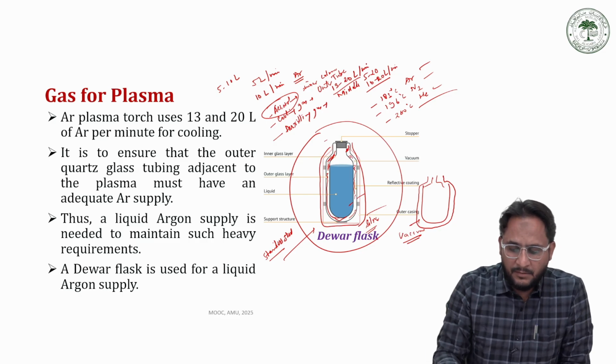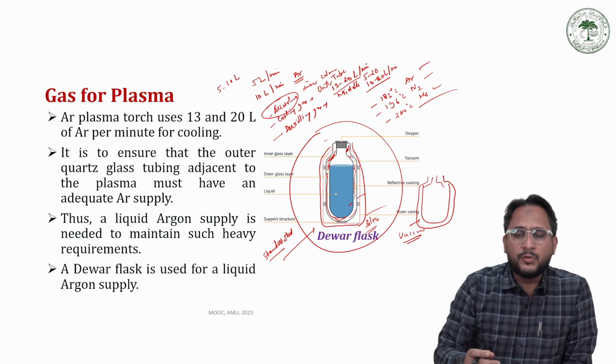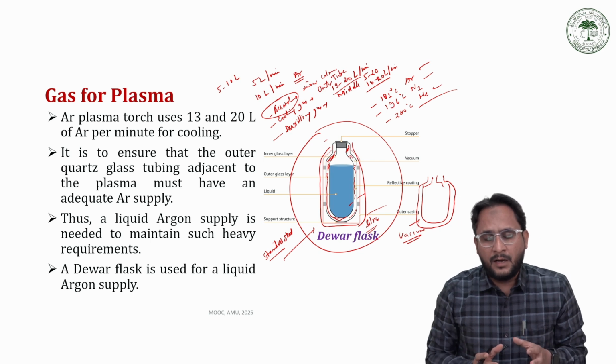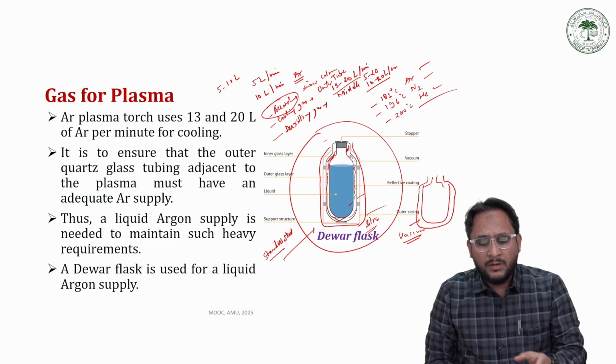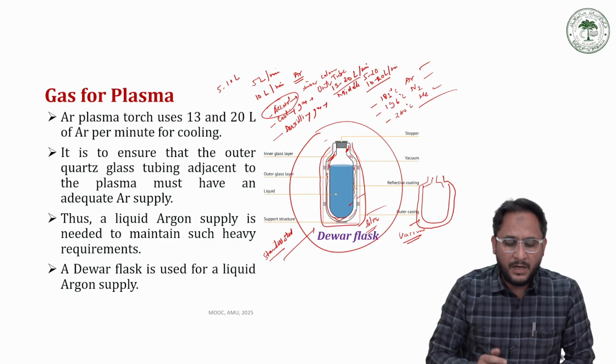So this Dewar flask is used to store liquid argon gas that can be very helpful to meet such a high demand of argon gas.